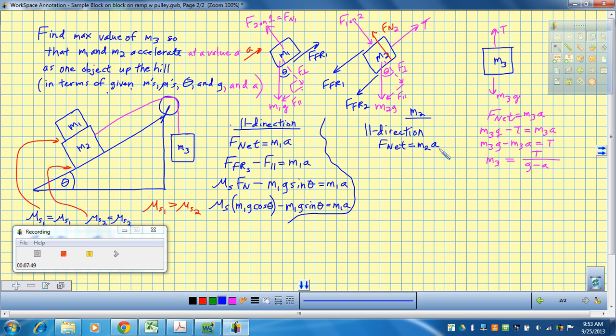So on that block, I'm looking at the parallel direction. It looks like I have tension causing the block to accelerate in that direction, minus force of friction 1, because it's opposing, minus force of friction 2, minus force parallel on block 2, and that equals m2 times A. Because I have both frictions and force parallel all opposing my motion.